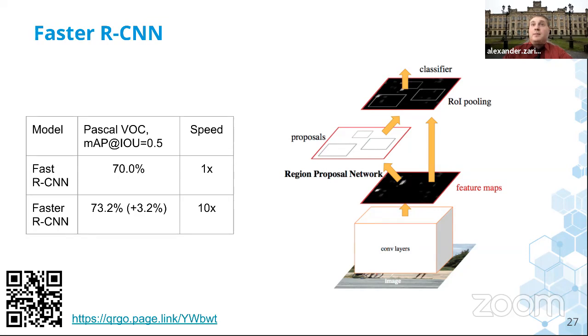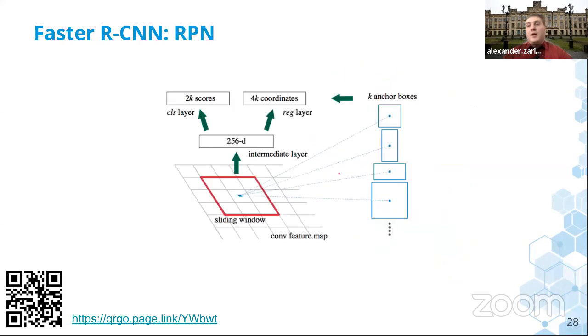So let's review how this region proposal network works. It was built on one simple but powerful idea. Imagine that we are sliding a window over our feature map, and the center of this window lies at this feature cell.